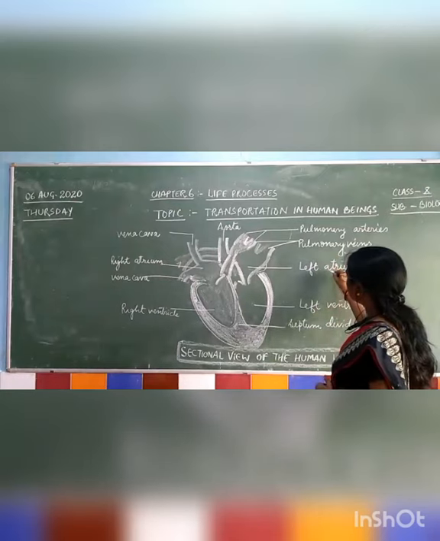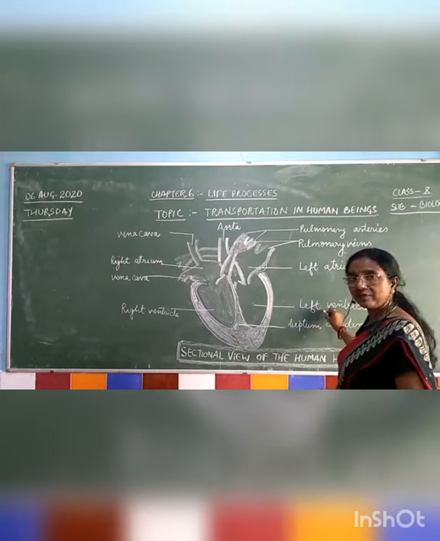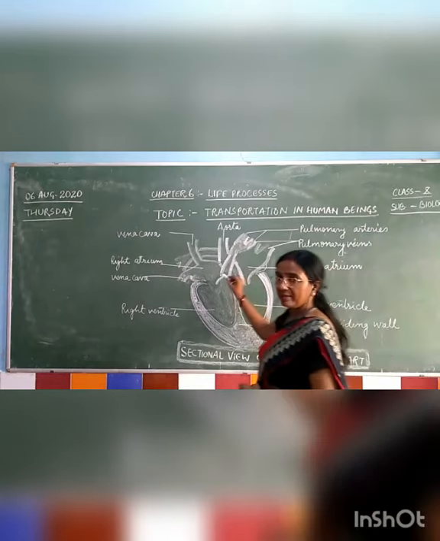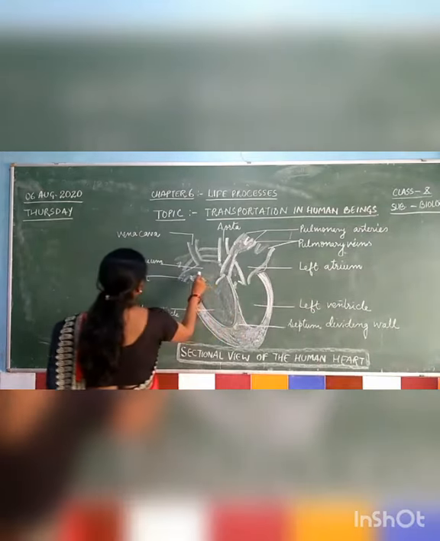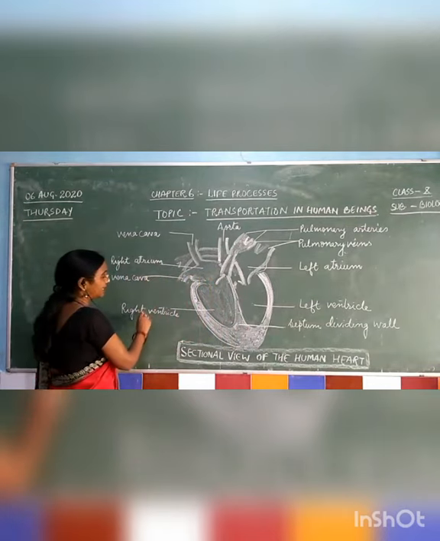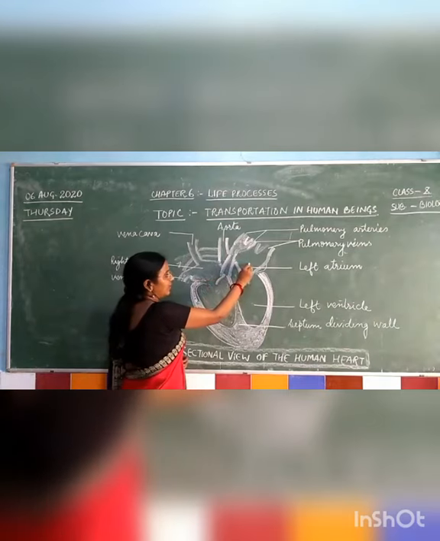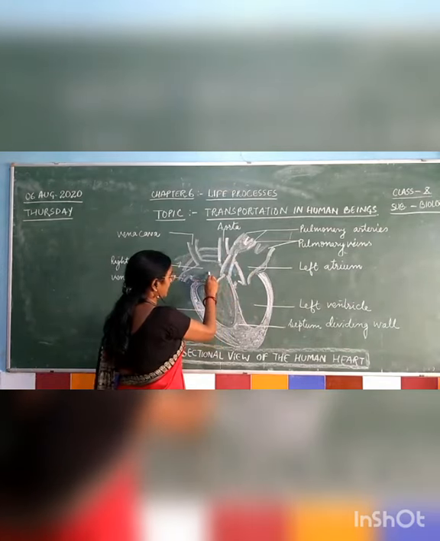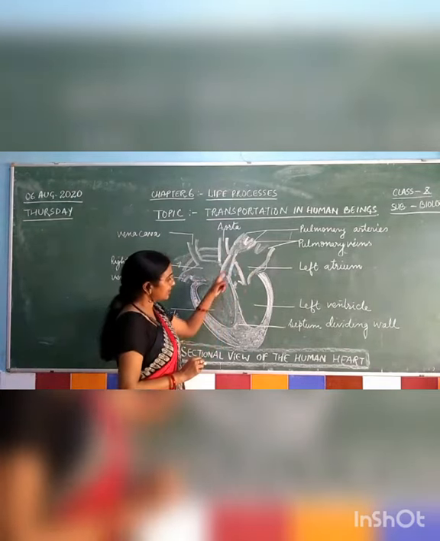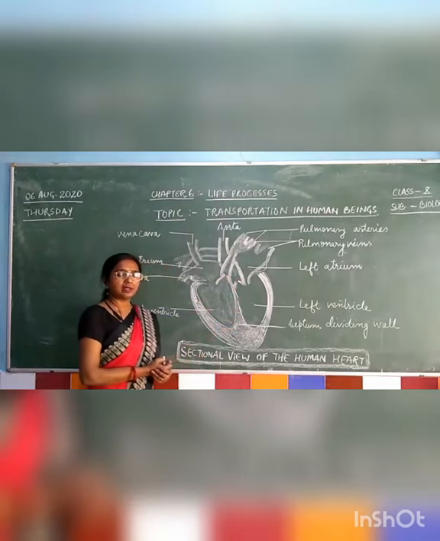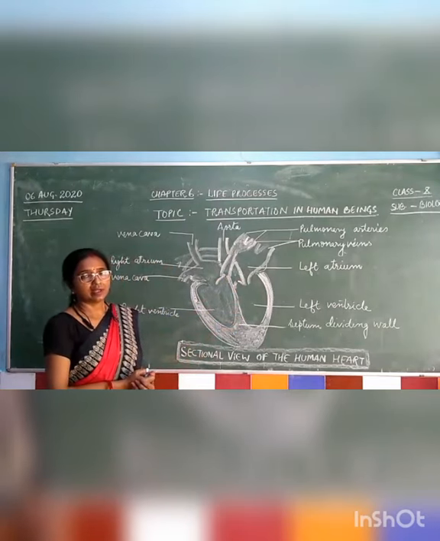These are the 2 chambers, left atrium and left ventricle. In the same manner, here you can see the right atrium and the right ventricle. These are the 4 chambers, 1, 2, 3 and 4, by which blood gets transported.